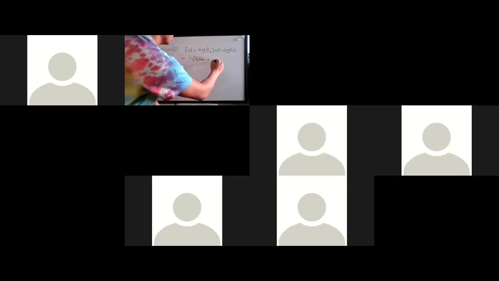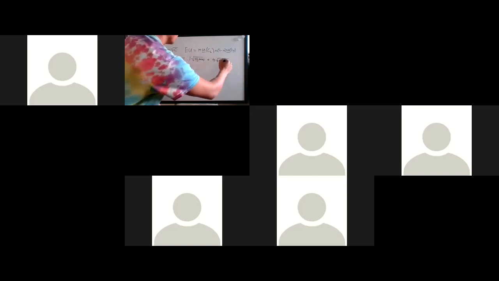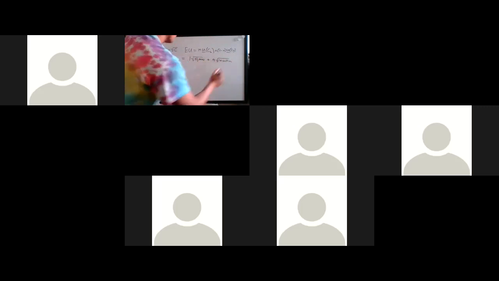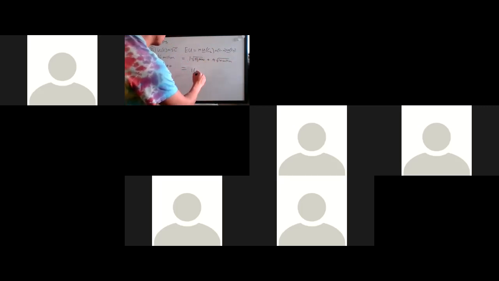Now that we've set up the equation, we have all the pieces to fill in everything. So we have 0.1 times the square root of 10,000 plus 0.9 times the square root of 16 million. When we evaluate this, this is 0.1 times, I believe, 100.